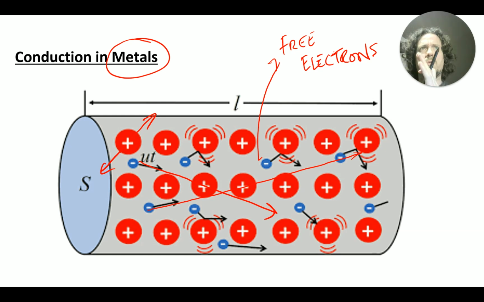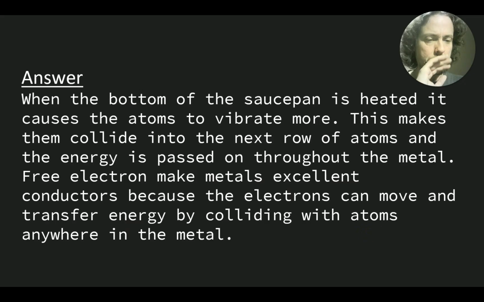So you've got two things going on. You've got the metallic atoms vibrating and bumping into each other and passing the energy on that way. But in addition to that, you've got the electrons which are whizzing along and passing the energy through the material. So that's why they're such better conductors.